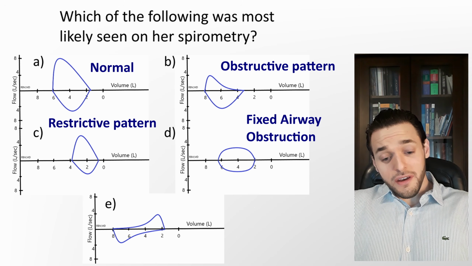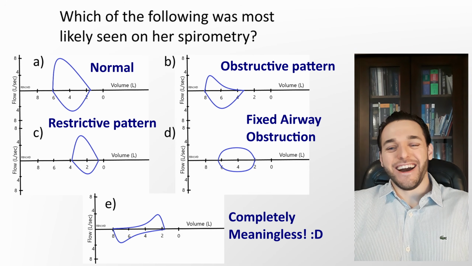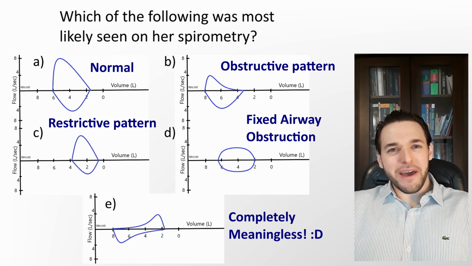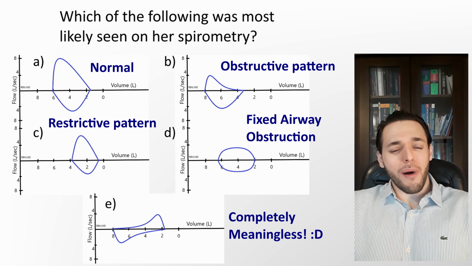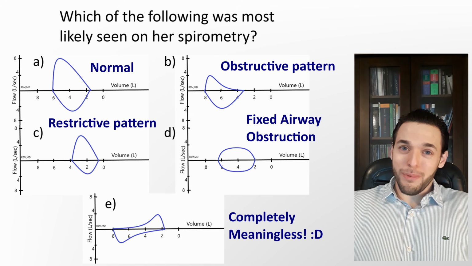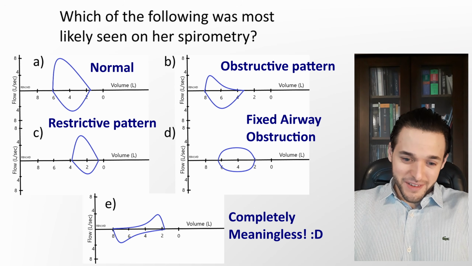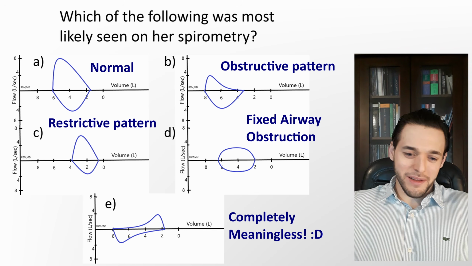And here in E, you have a curve that's completely meaningless. Because I invented this one. Sometimes you will find on some tests some answers or some curves, some names that you look and go like, wow, this is really weird, I've never seen this one. I'm going to pick this one. This is usually a poor idea. I've made up this curve, this doesn't exist, and it's absolutely meaningless.